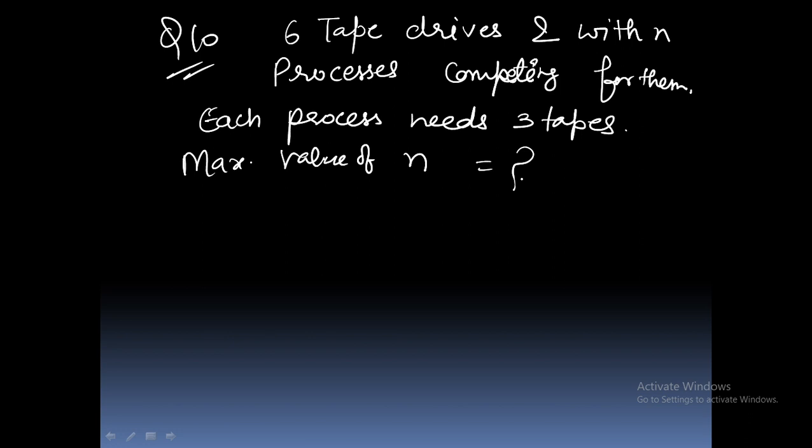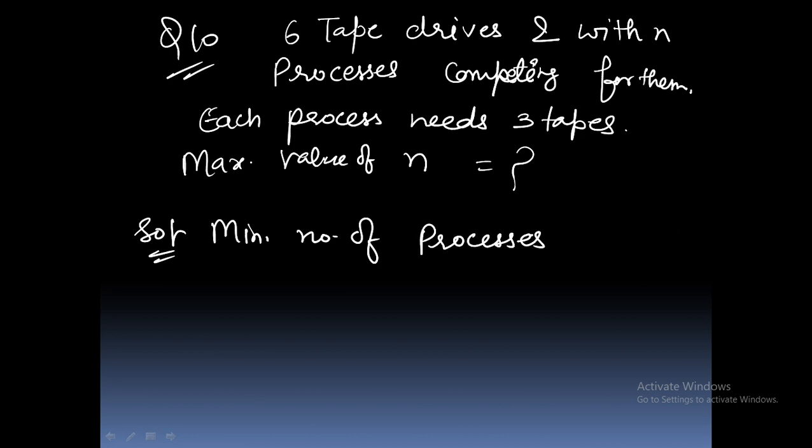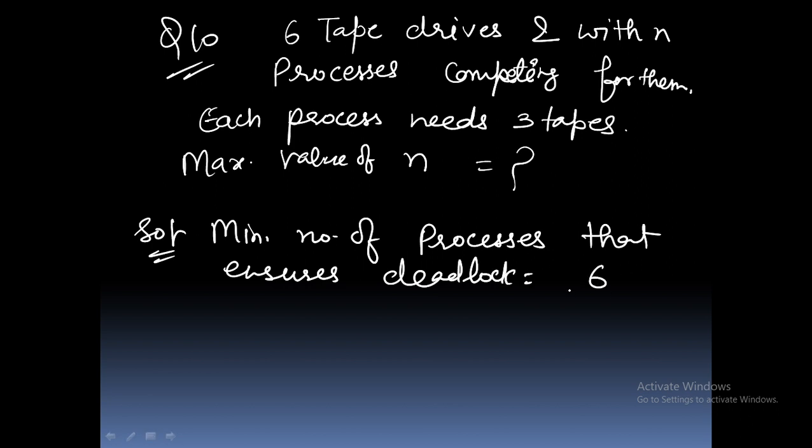For solving this question, first of all we have to find the minimum number of processes that ensures deadlock. 6 divided by 3 minus 1, that is 6 divided by 2, that is 3.